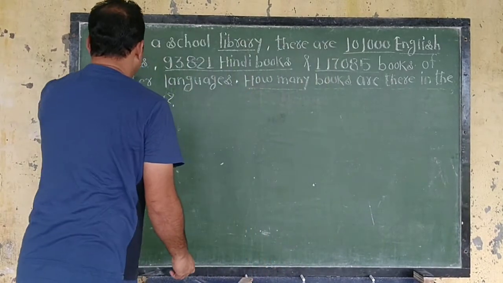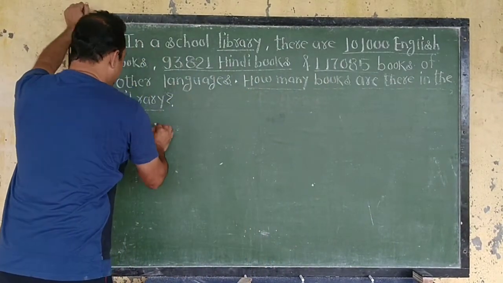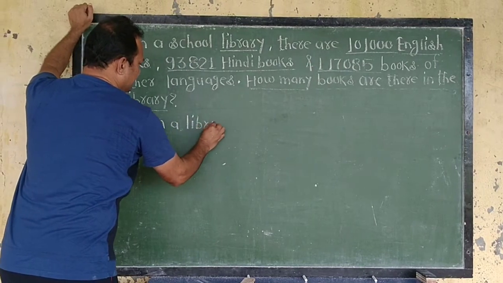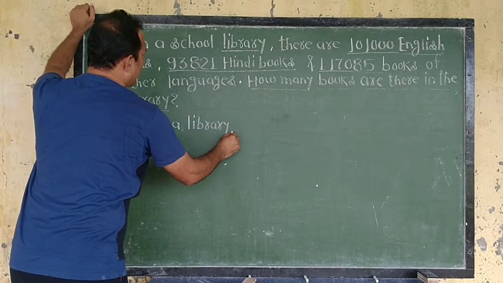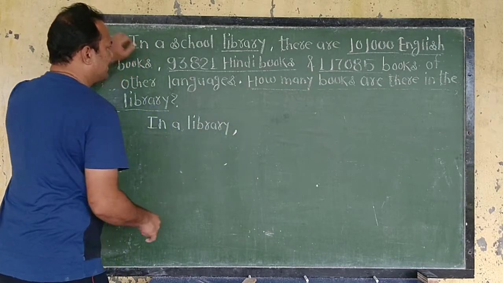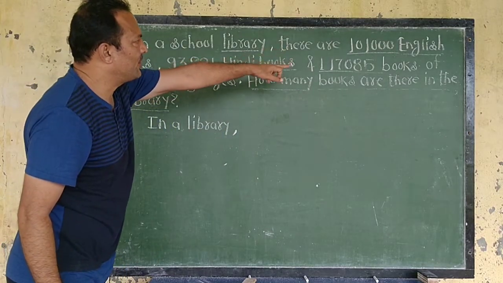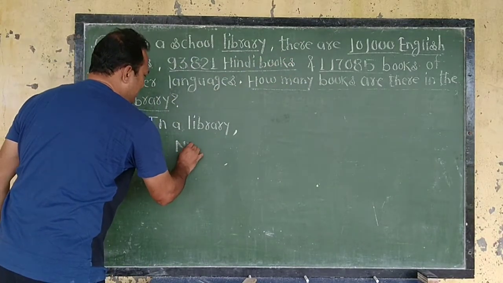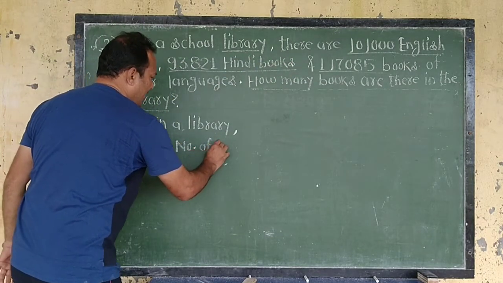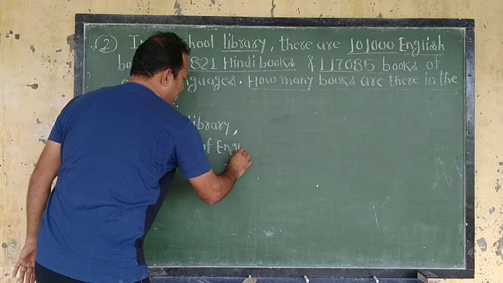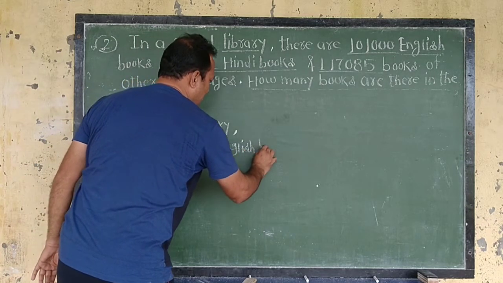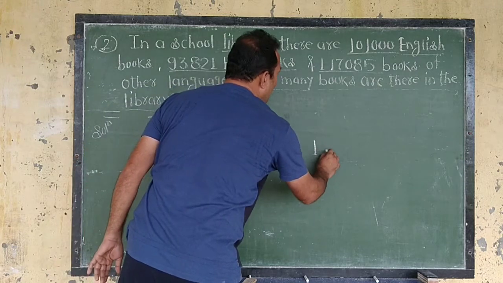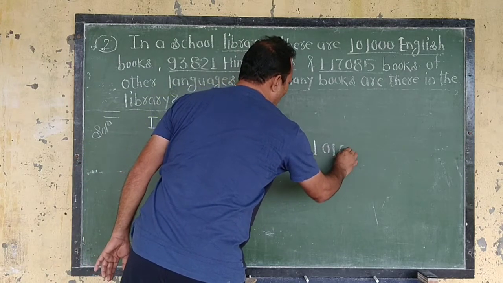At first write this statement. In a library, or in a school library if you want to write, there are 1,01,000 English books. Then below that what do you have to write? Number of English books is equal to 1,01,000.